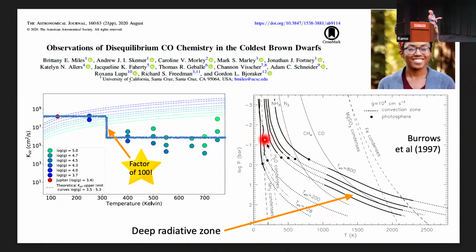So in the upper atmosphere, we're radiative. We transition to a convection zone. In some really cold objects, the convection zone goes all the way down, down, down. But at intermediate temperatures, where the opacity can actually be low, then you might have a detached radiative zone where mixing might actually be sluggish. We can't see this, but this might be evidence for that because it's below the visible atmosphere, but it affects mixing.